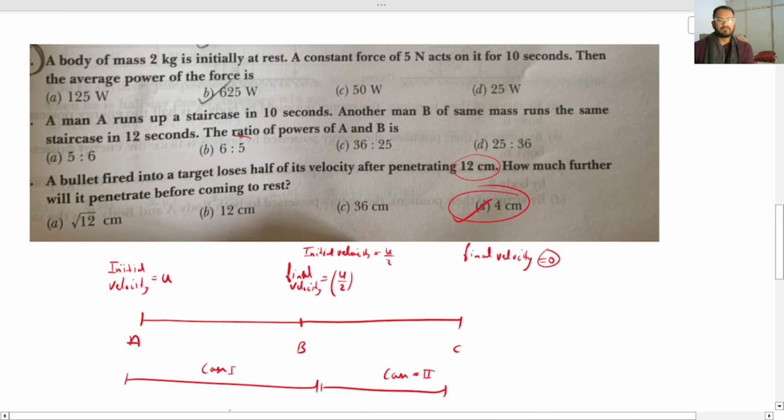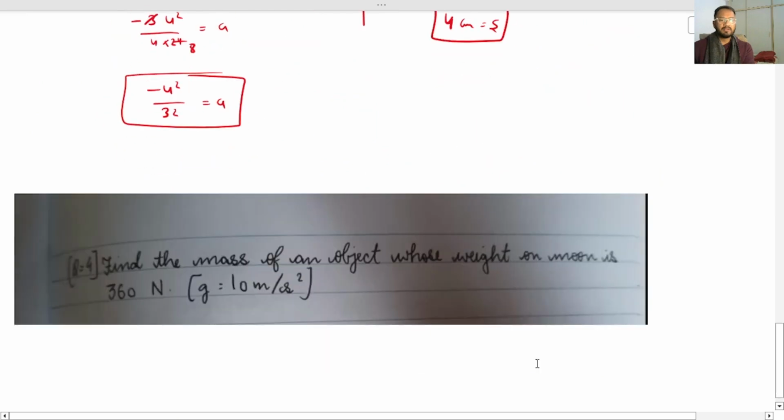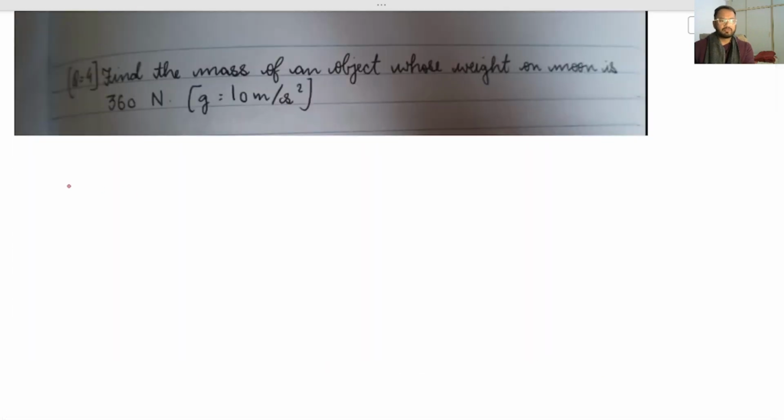Done. So the answer of this part was this, and the answer of this part was this. Now the last question, which was a doubt question from one of my students. Question number 4. Find the mass of an object whose weight on the moon is 360 Newton. Very simple question. Weight on the moon is equal to 1 by 6 the weight on the earth.